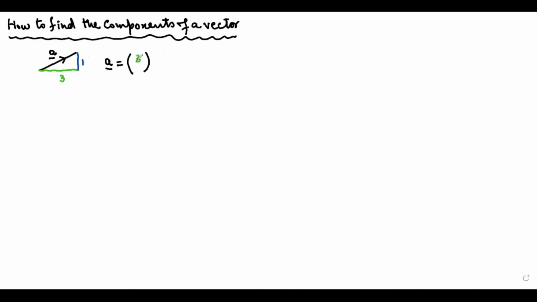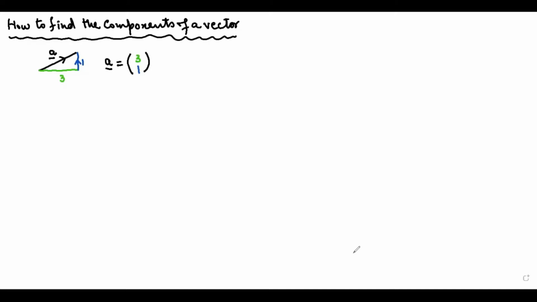Three is the horizontal component and 1 is the vertical component. So we know the method of how to write down the rectangular components of a vector, or how to write down a vector in terms of a column vector.